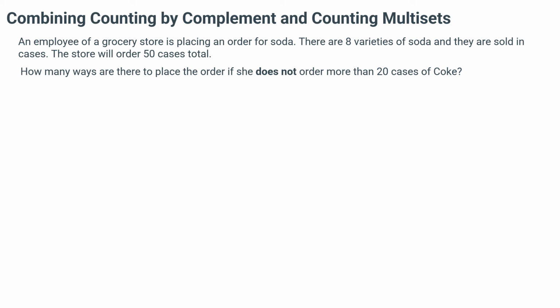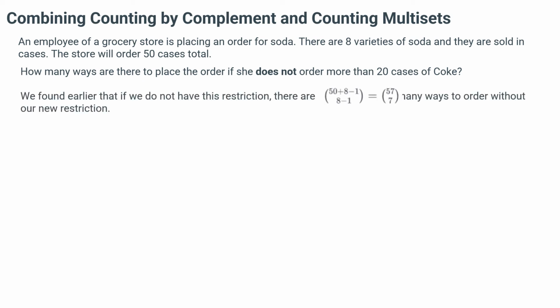So that means she could order 20 cases or 19 cases or 18 cases, or even 1 case, or maybe even 0 cases. So we've got all kinds of possibilities here. But we can think about what we did earlier, and that's using the complement rule.